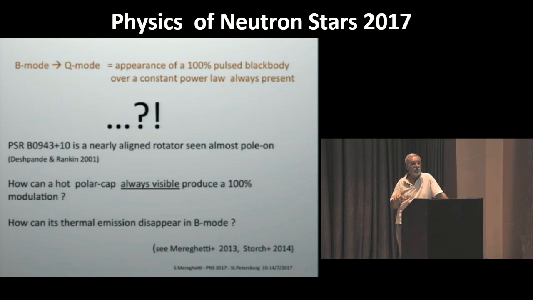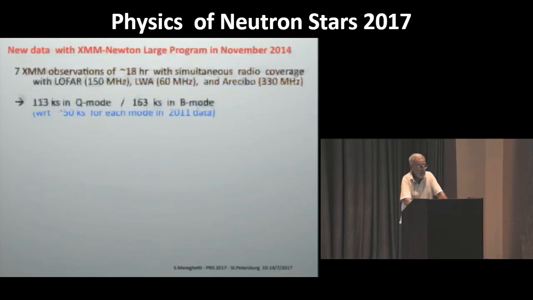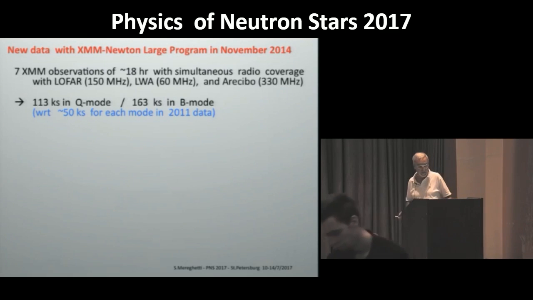And it is also difficult to imagine that this hot spot in some way suddenly appears and disappears. So to try to better understand this object, we got more data. We got a large program with XMM-Newton, and we had, of course, again, simultaneous observation. We had to use radio telescopes in Europe and in the States in order to have a continuous coverage of the X-ray data.